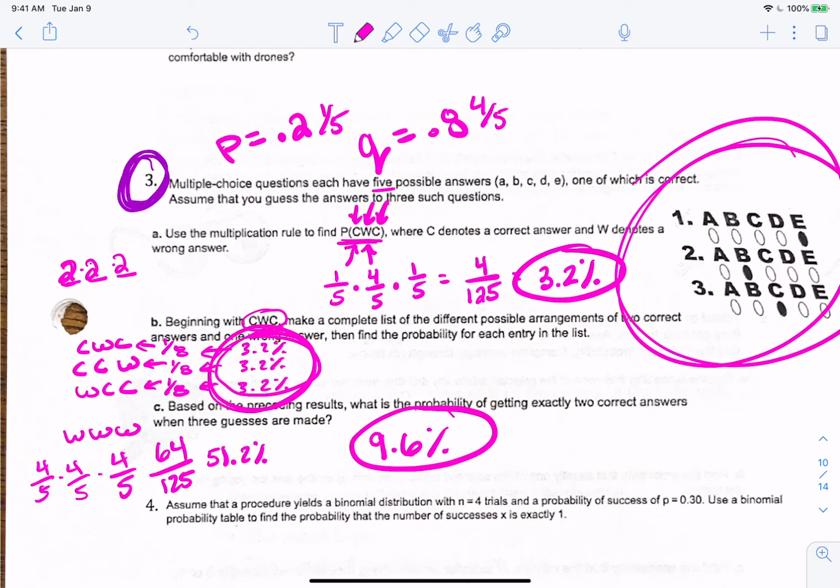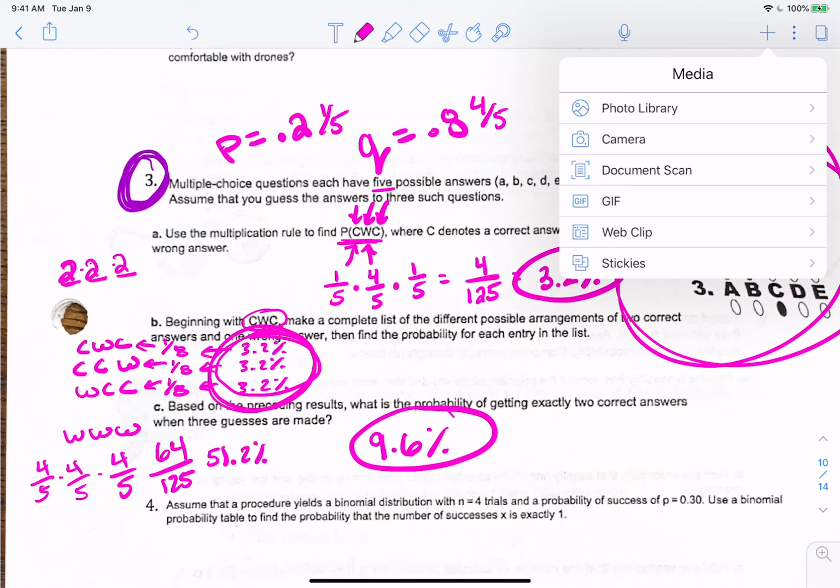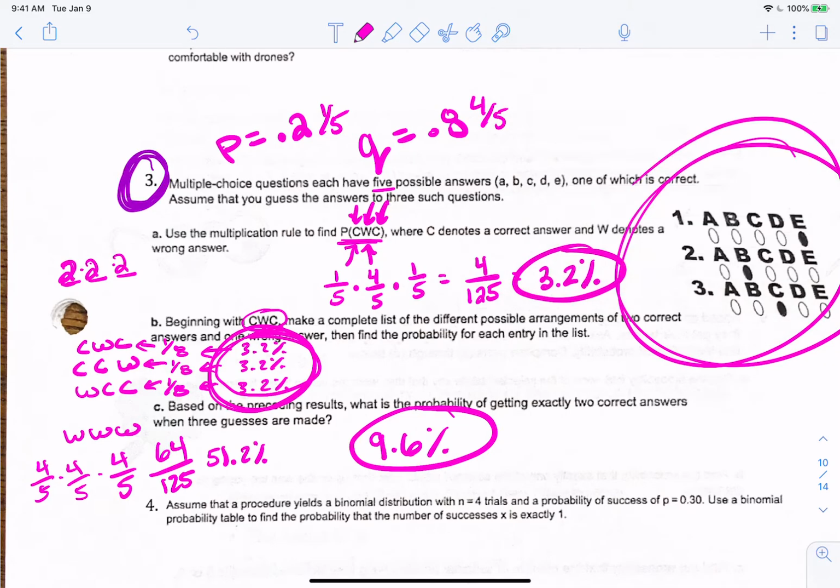I gotta find it, and then I'll put it up on the overhead. Let's see, right here. Okay. Gotta put it up on the overhead so Kenzie can see what we're doing here.